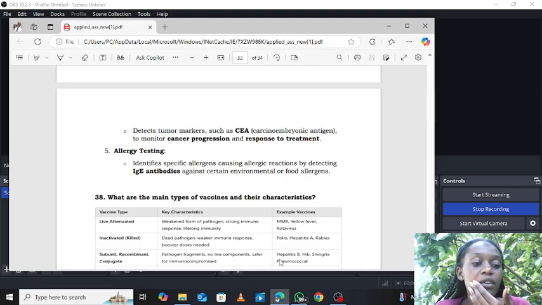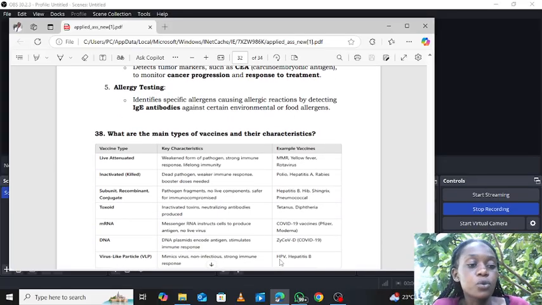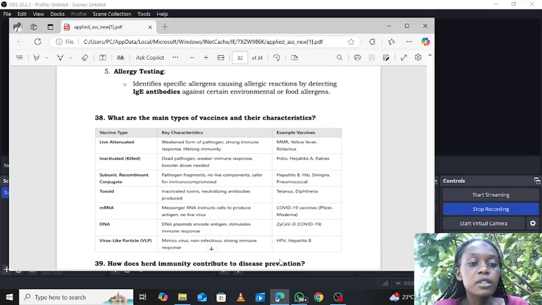And number 5, we have allergy testing, to identify specific allergens causing allergic reactions by detecting IgE antibodies against a certain allergen.